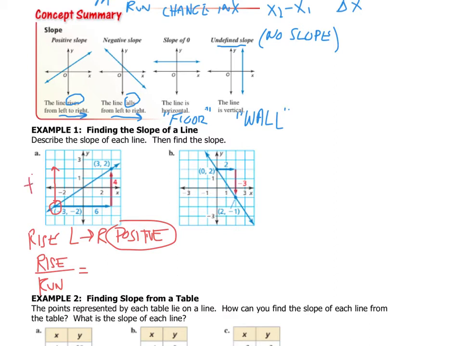So we went up 4. That means on the numerator, I have a 4. Then when I switch over to my run, this time I'm going to start at this point up top here. 1, 2, 3, 4, 5, 6 to meet the other one. Because I'm going to the right, this is a positive 6 run. So there's the 6 down there.